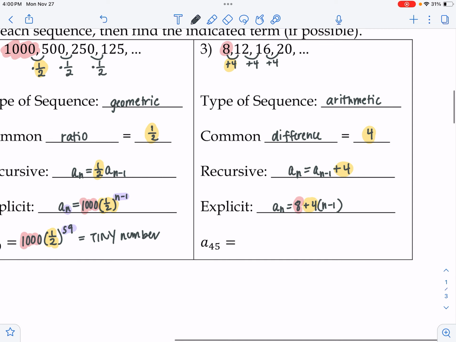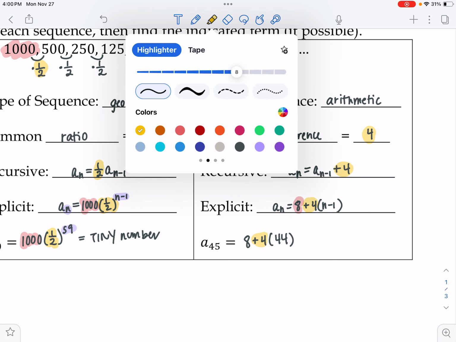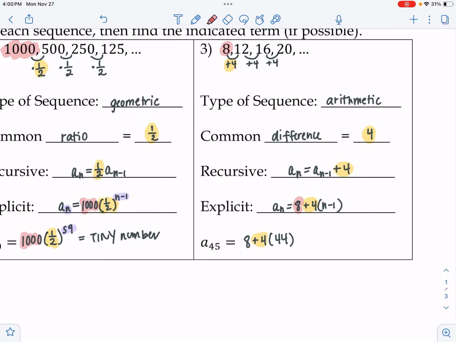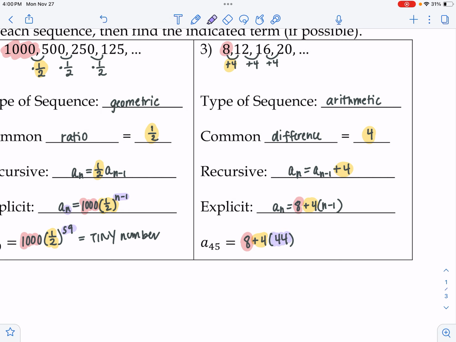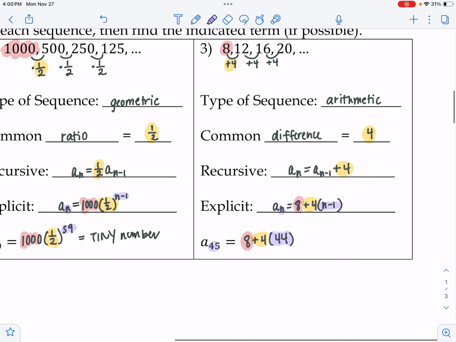Okay, and so for the 45th term, we would take the 8 and we would add 4 to it 44 times. That 4 is the common difference. That first term was 8, and then the 44 comes from 1 less than the term we want. It's always n minus 1.